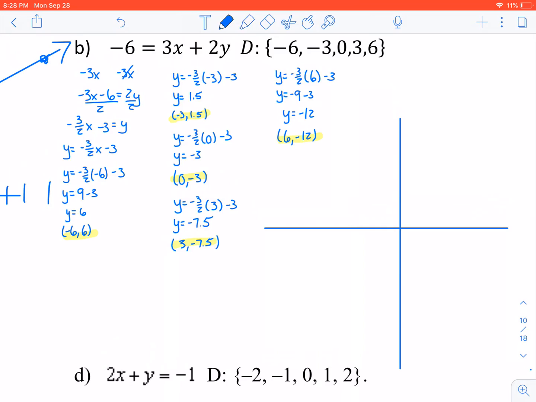Oh, yeah, I thought I forgot. Alright, so negative 6, 6, right up there, good enough. Negative 3, 1.5, somewhere in there. 0, negative 3, somewhere. Maybe that's too big. Somewhere in there. 3, negative 7.5.